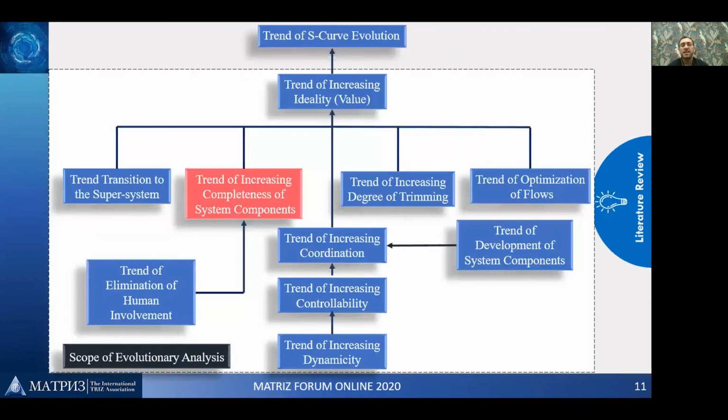All right, here you can see the TSE diagram, which starts with the trend of S-curve evolution and the trend of increasing ideality. The other trends are subtrends of these two main trends. And all of these trends have their own subtrends. But for the purpose of our research, we are going to focus on the trend of increasing completeness of system components, which I will be explaining further.